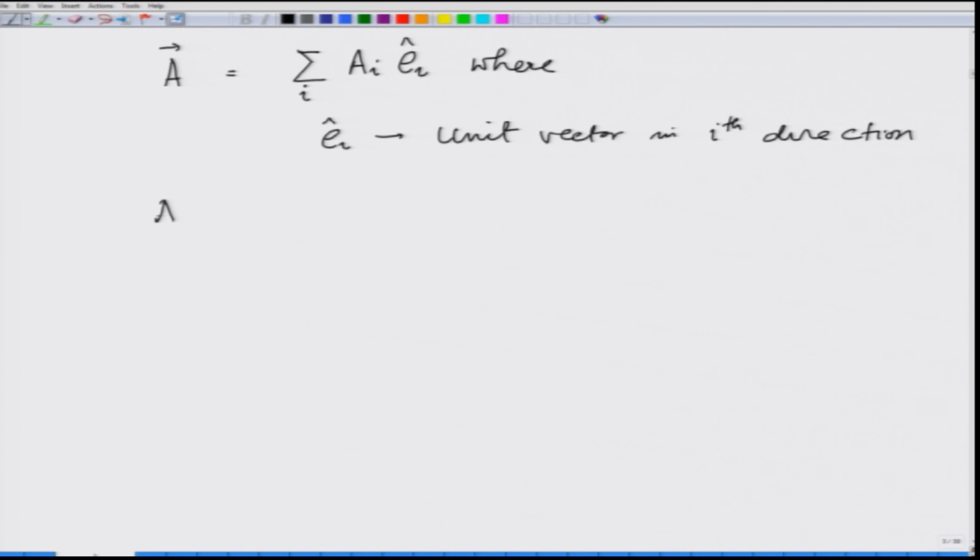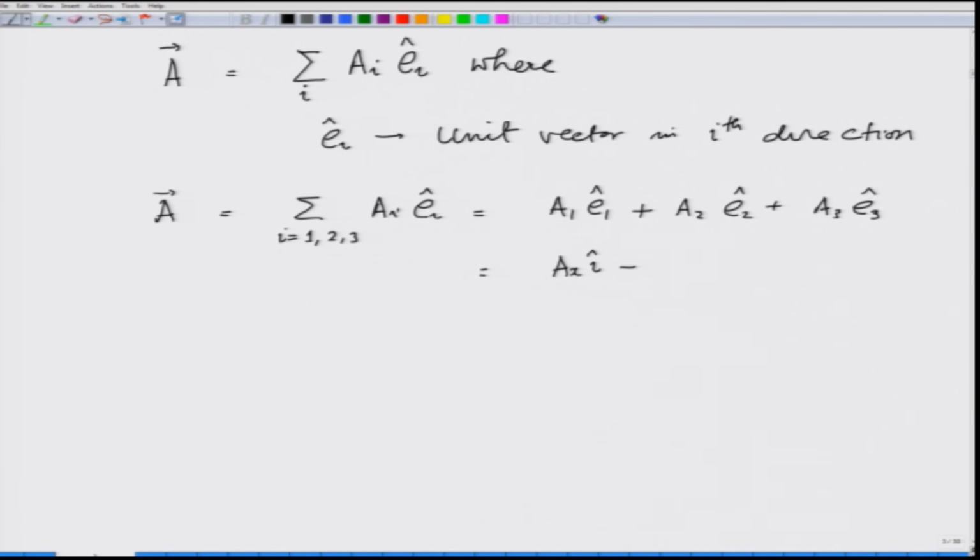So, you can see that if I expand it, it will be summation i varies from 1, 2, 3, a i e i, and that becomes a 1 e 1 plus a 2 e 2 plus a 3 e 3, which when translated into our regular language of x, y and z, will become a x i plus a y j plus a z k.